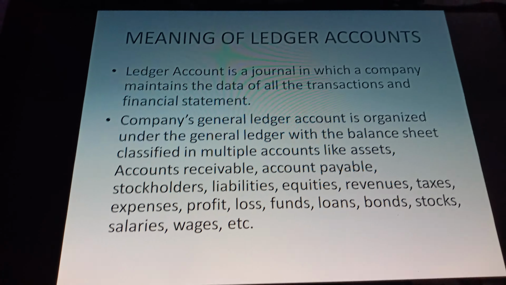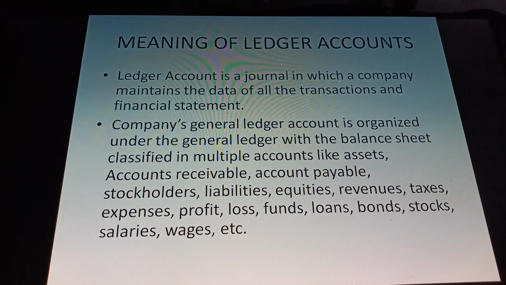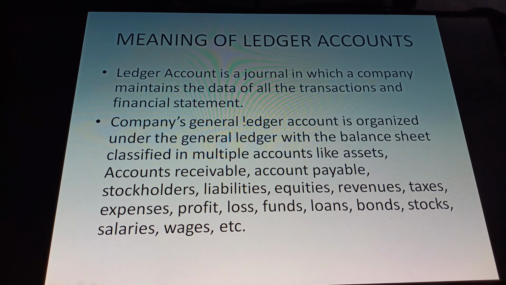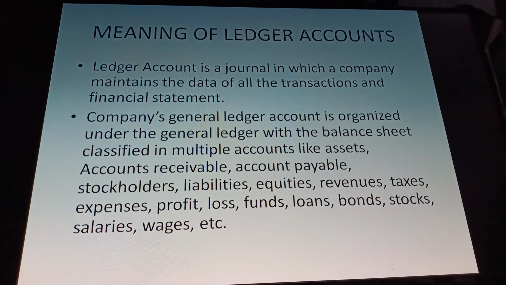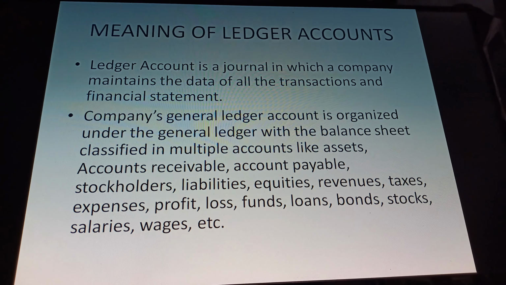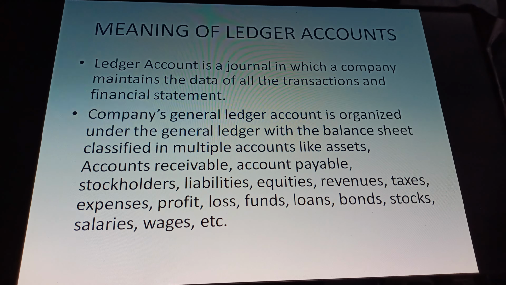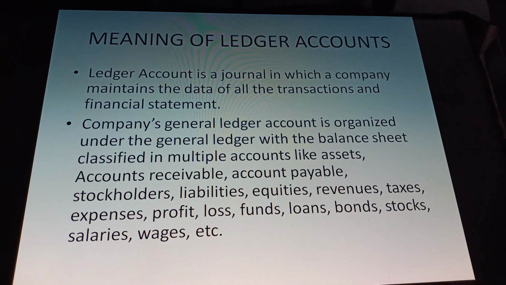Okay, here is the meaning of ledger account. Ledger is a journal in which a company maintains the data of all the transactions and financial statements. Ledger account is a journal in which a company maintains the data. Means whatever transactions we are doing, all the records we will maintain in a book called a ledger account.